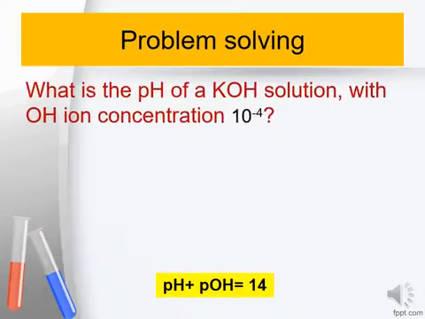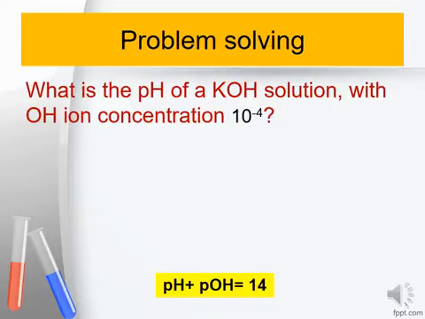Another problem solving. What is the pH of a potassium hydroxide solution with hydroxyl ion concentration 10 to the power negative 4? Again, pH relates to the hydrogen ion concentration. Here, this substance is potassium hydroxide, containing hydroxyl ion. Then, from potassium hydroxide, I'm going to calculate pOH.